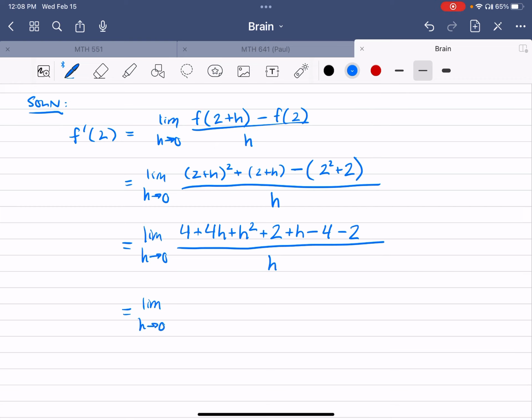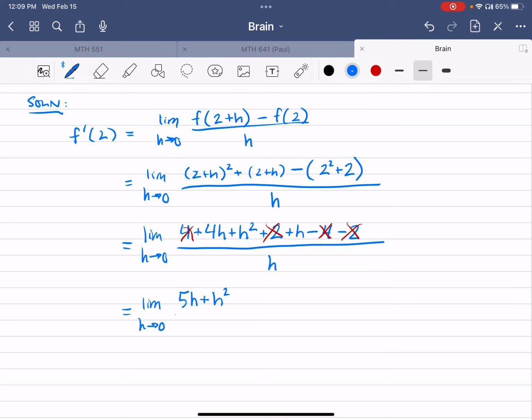All right, now we get some nice cancellation. This 4 cancels with this 4. This positive 2 cancels with this negative 2. And that looks like that's it. I'm also going to go ahead and combine this 4h with this h. 4h plus h is 5h. So this is 5h plus h squared.